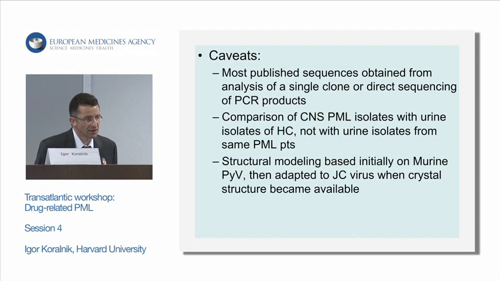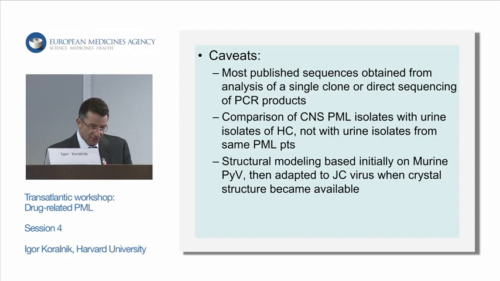The caveats that we need to discuss today are that most published sequences of JC virus in the literature are obtained from analysis of a single clone or from direct sequencing of a PCR product. And when you do that, you're going to get the major species that is available in that compartment. You don't have a good idea of the variability that is present.